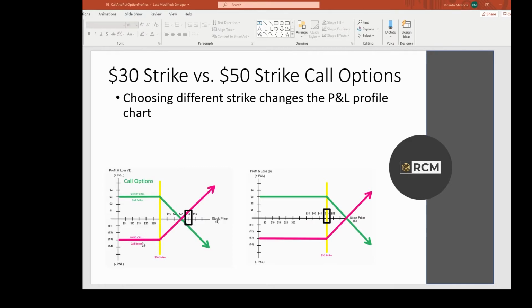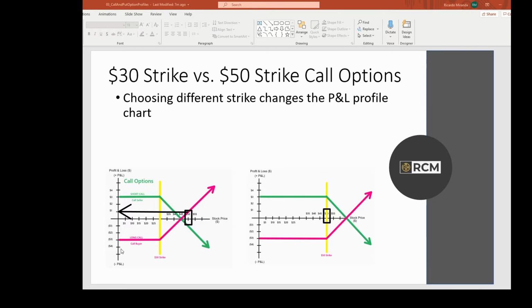If you're a call buyer, your profile indicates that you're in this positive region here, and if you trace the line from the profile to the profit and loss axis, we see that you're at about a $1 profit. So this option is said to be in the money.